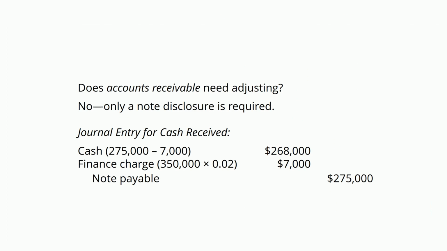So here's our journal entry. Does the accounts receivable need adjusting? No, only a footnote disclosure. I call the debit to cash, I do this last. That's kind of your plug figure. You're going to debit your finance charge for the $7,000. You're going to credit your note payable. This is the loan amount, the gross, $275,000.